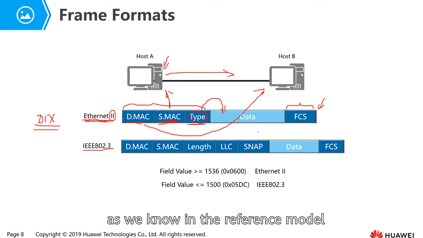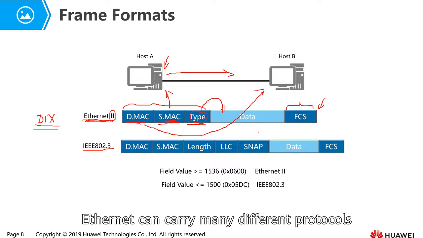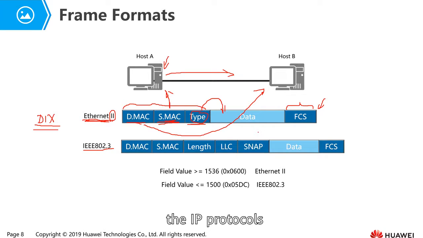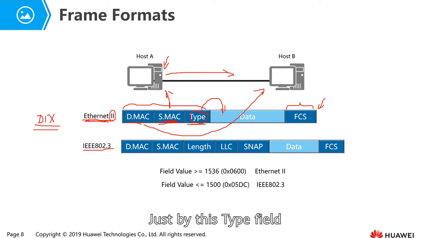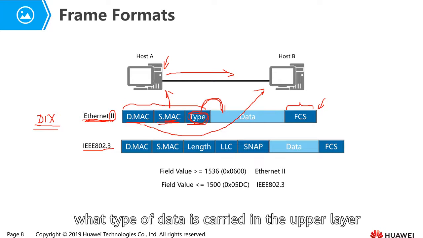As we know from the reference model, Ethernet can carry many different protocols: the IP protocol, Novell's IPX protocol, and IBM's protocols. Then how to identify this? Just use this type field, which identifies what type of data is carried in the upper layer.